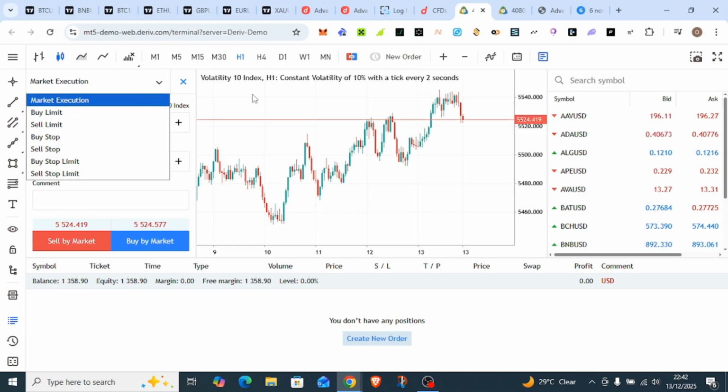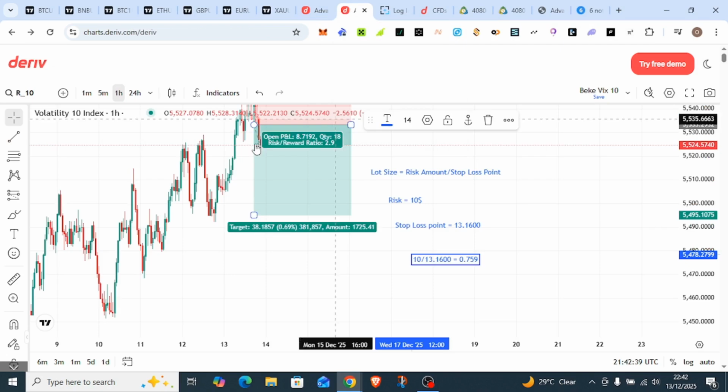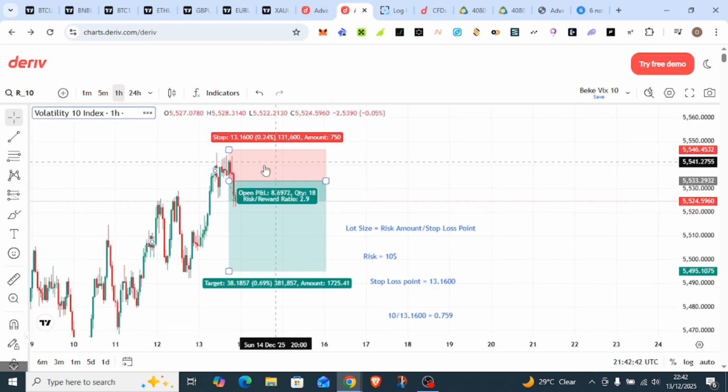Let me show you how this point is gotten. This stop loss point is gotten by subtracting the entry price from the stop loss price.